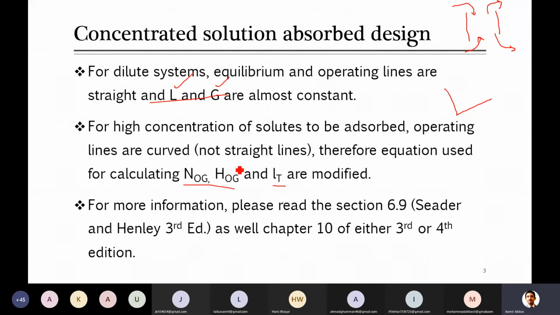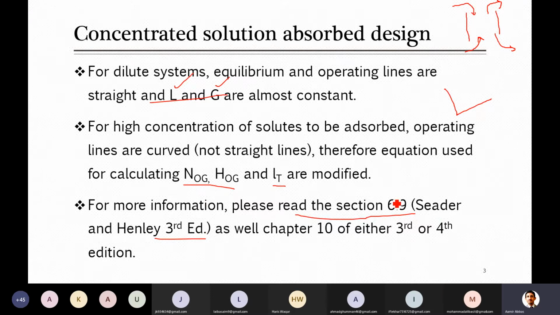This will not be evaluated in this course, but just for your information, if you are dealing with a concentrated system, you can read some part from section 6.9 of Seader and Henley, third edition. Our textbook which we were following is the fourth edition.